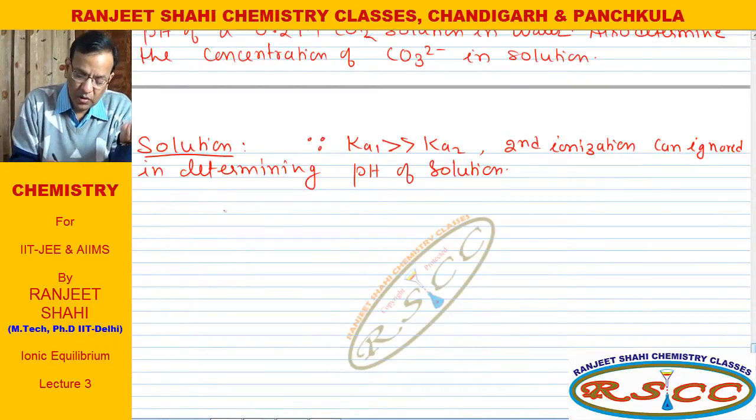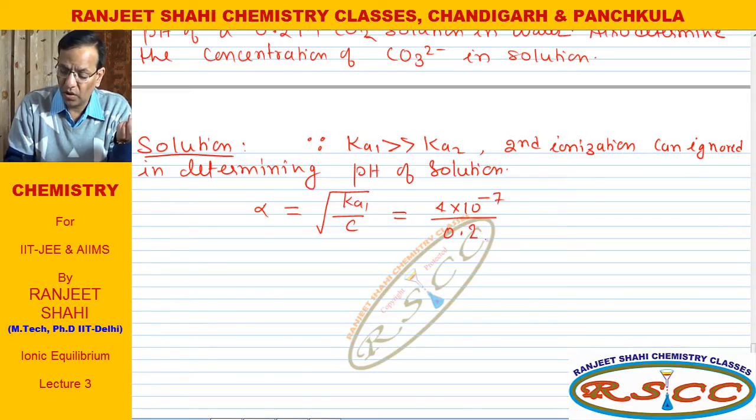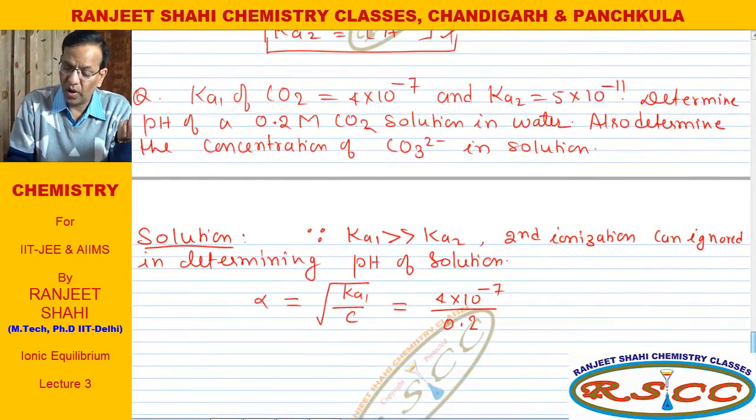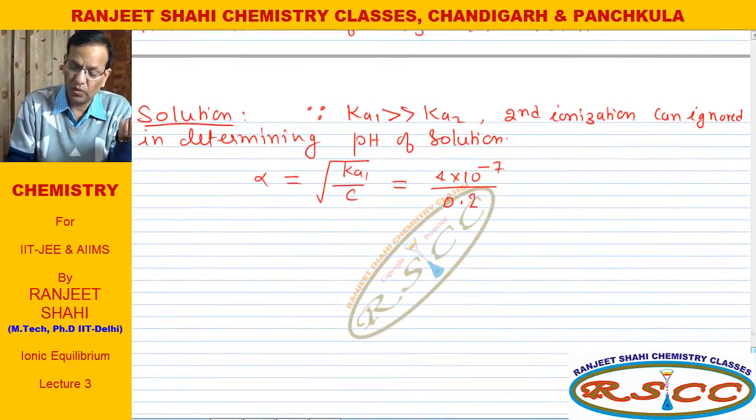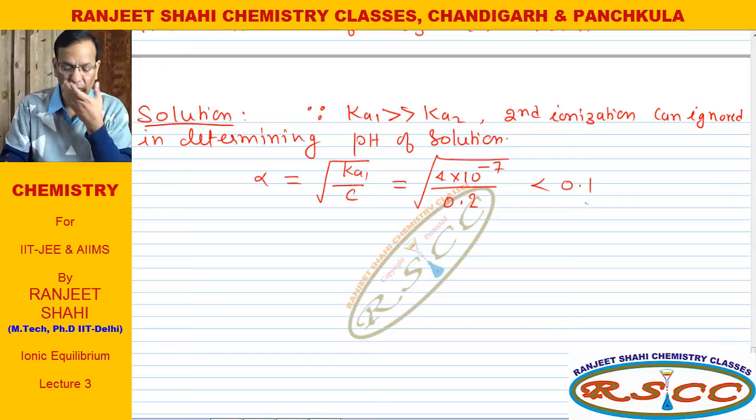Therefore, we just need to check alpha, which will be equal to root under K1 upon C. K1 is 4 into 10 raised to the power minus 7 divided by C, which is 0.2, under root. So, it is obvious that the value of this alpha is less than 0.1.